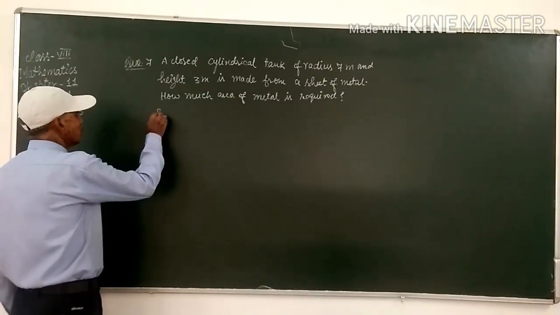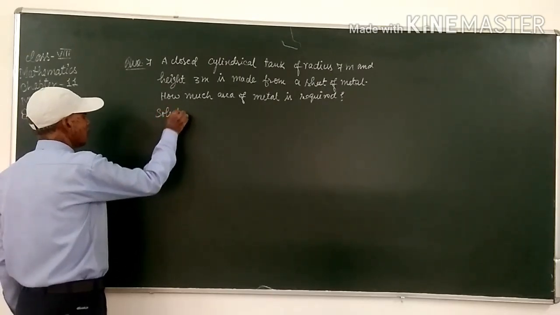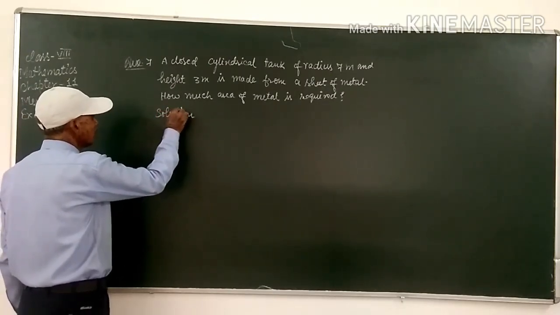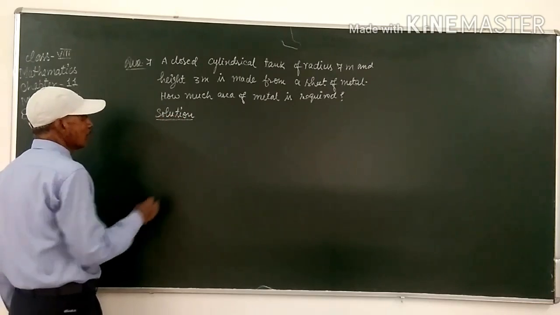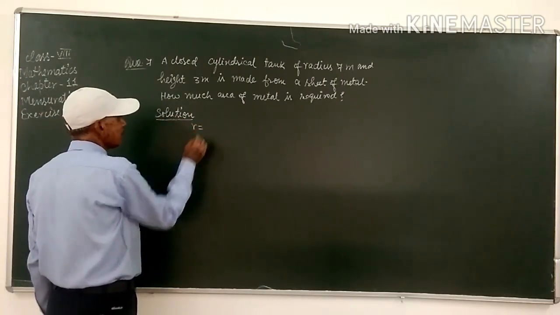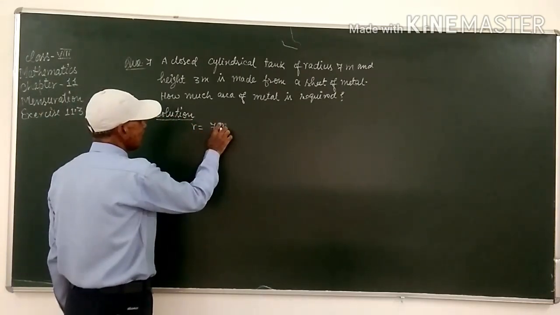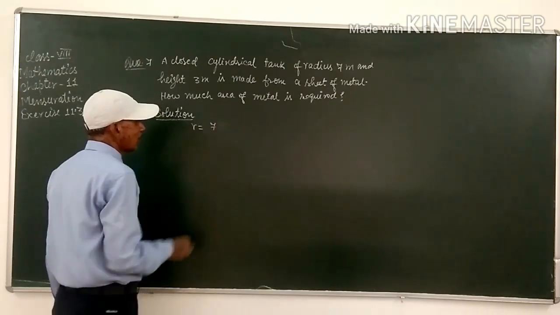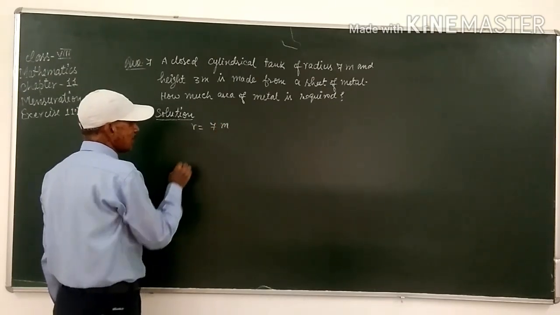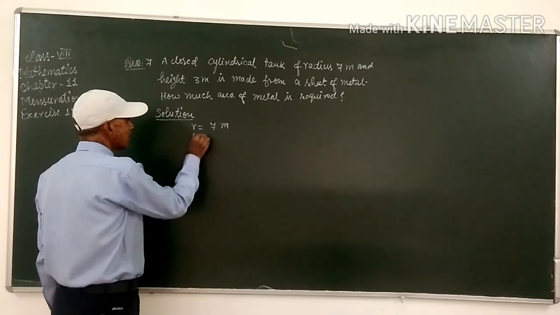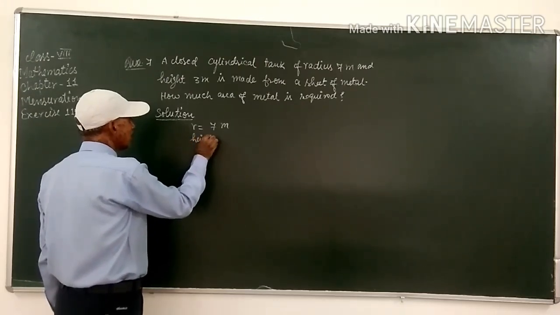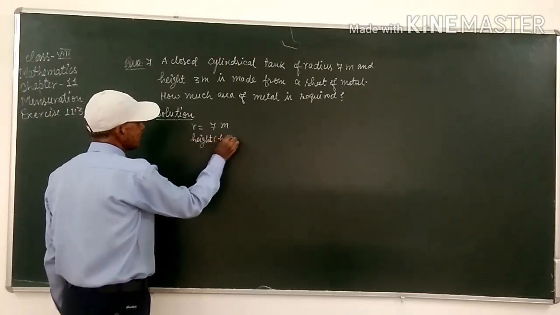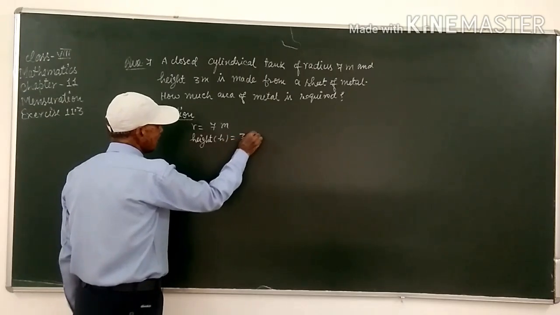So this one, solution. First, radius, that is 7 meter. Radius is 7 meter and height h, that is 3 meter.